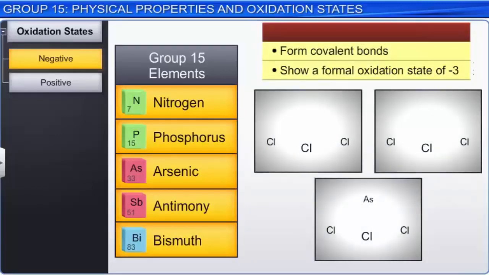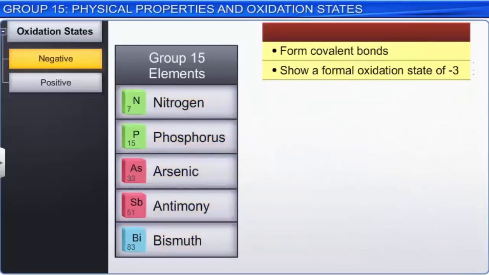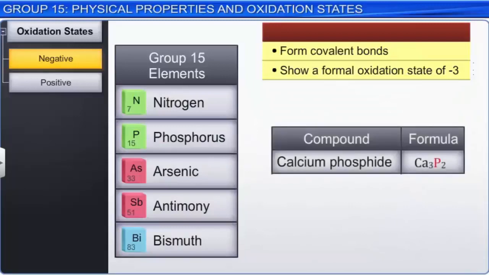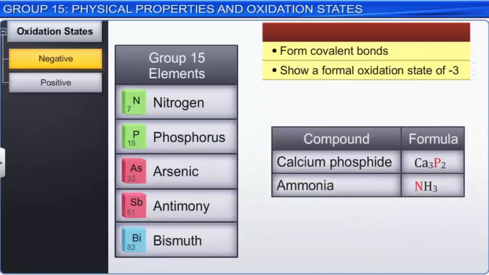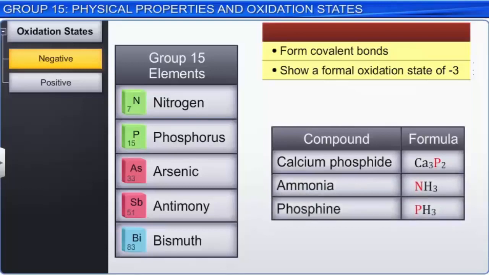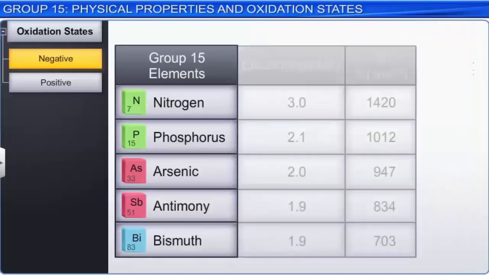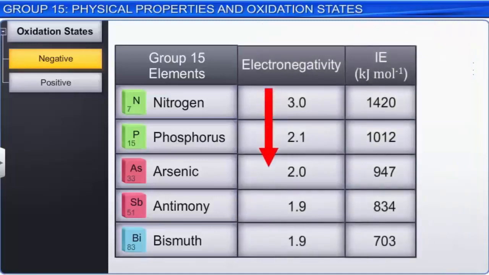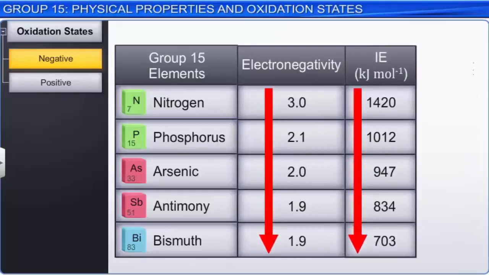For example, calcium phosphide and hydrides such as ammonia, phosphine and arsine. Owing to the gradual decrease in their electronegativity and ionization enthalpy, we can conclude that the tendency of these elements to show -3 oxidation state decreases down the group from nitrogen to bismuth.